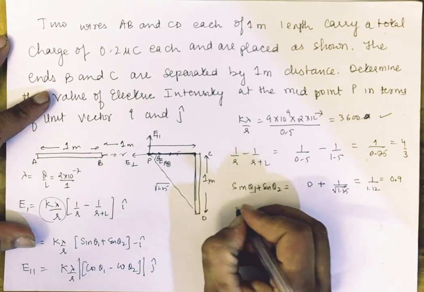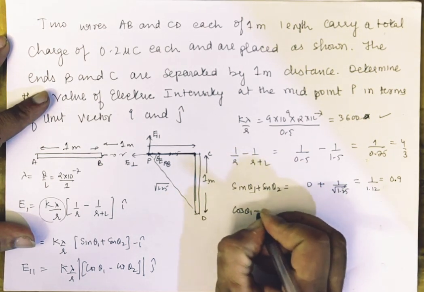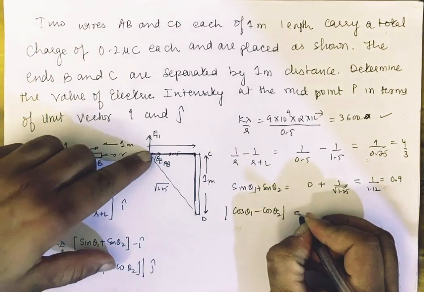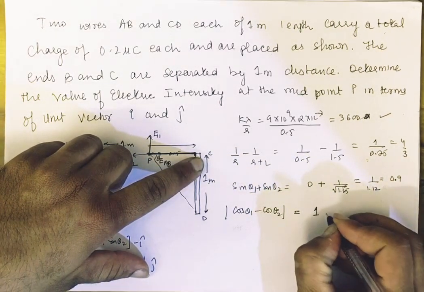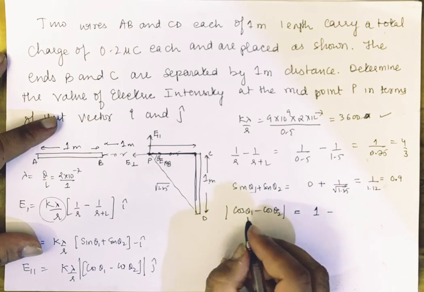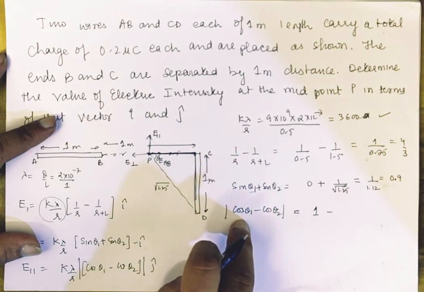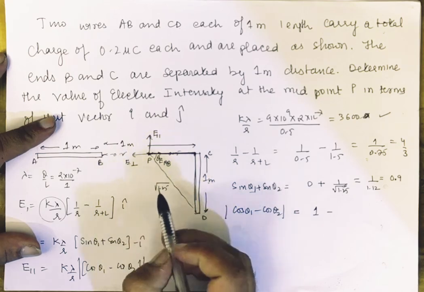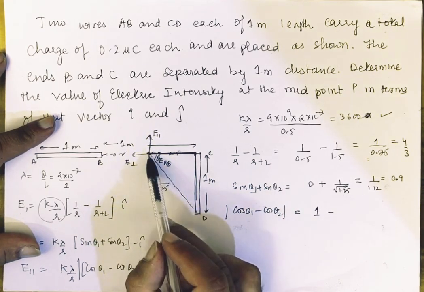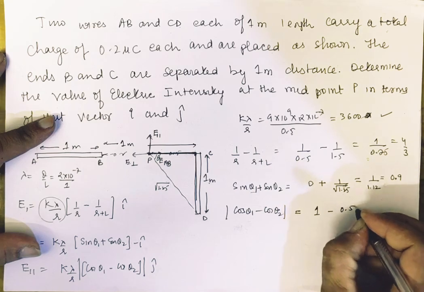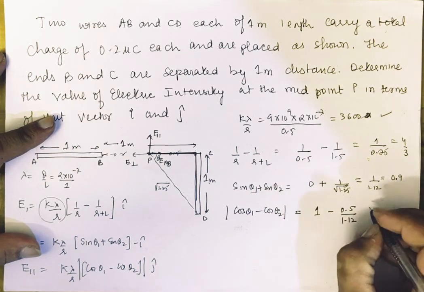The next part is cos theta 1 minus cos theta 2. We are not concerned about the sign. One angle will be 0, so cos 0 is 1. It doesn't matter whether you write theta 1 or theta 2 first. So 1 minus cos theta 2. This is base 0.5 divided by the hypotenuse, already taken as 1.12.